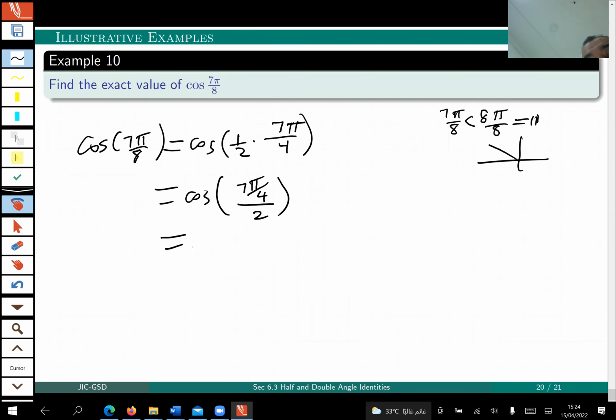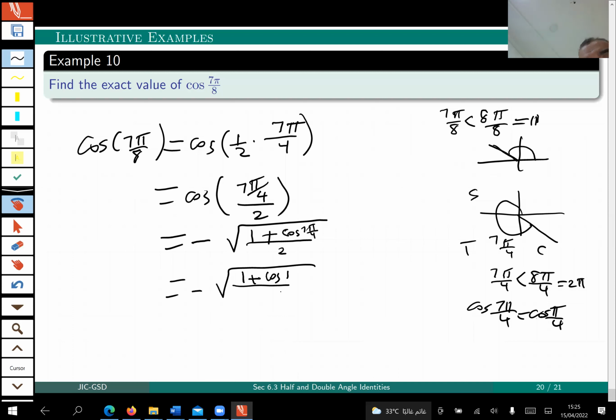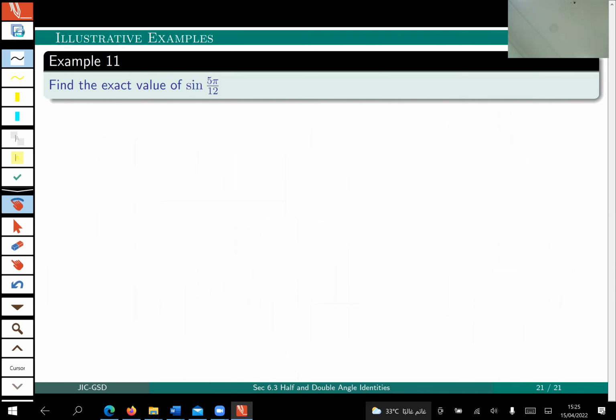So quadrant 2, we are speaking about cosine, so it will be minus, that will be 7 pi over 4 now. 7 pi over 4 is here, and cosine here, according to STC, is positive, so cosine of 7 pi over 4, because cosine in the fourth quadrant is positive, so it will be pi over 4 divided by 2, which is basically plus square root of 2 over 2 divided by 2. I will leave it for you to simplify more. Multiply only by 2 up and down.